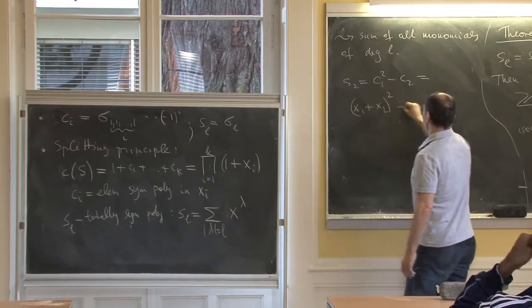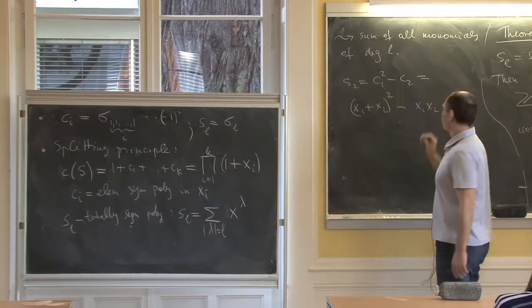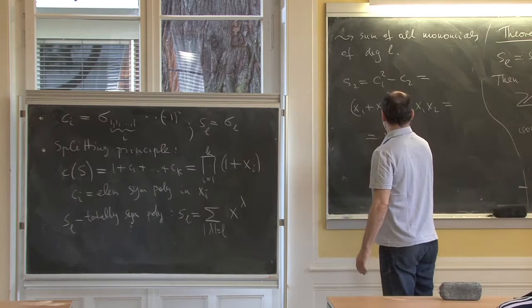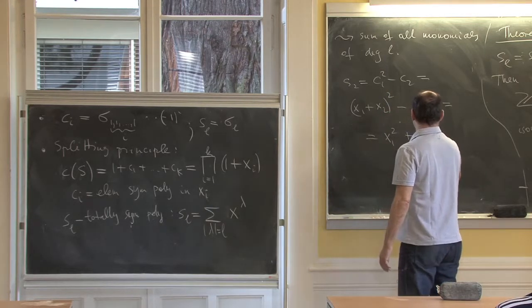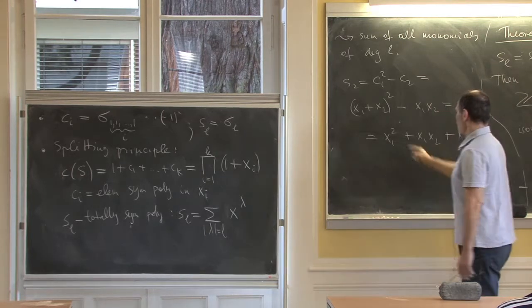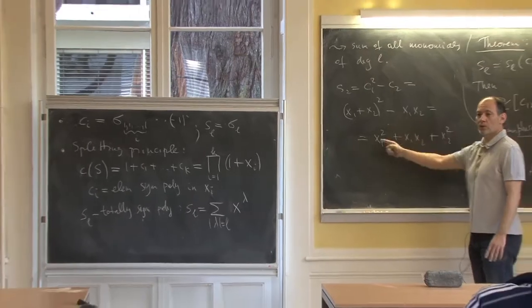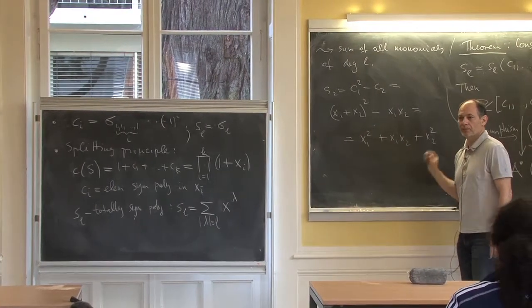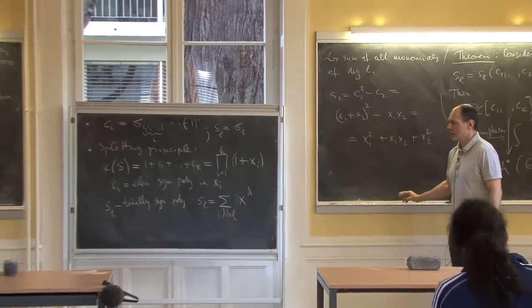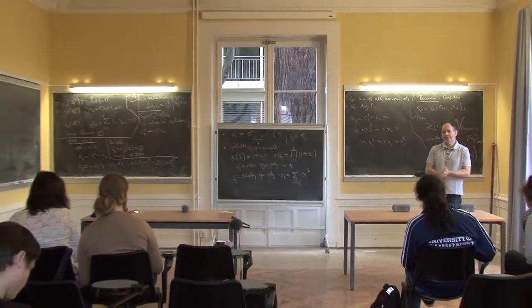I'll square this, minus the second, that's x1 times x2, right? And this is just x1 squared plus x1 x2 plus x2 squared. See, so this is all the monomials of degree 2 with coefficient 1 just listed. That's what they are. Okay, so that's another exercise which we'll use later.